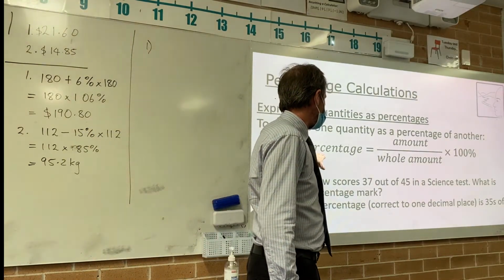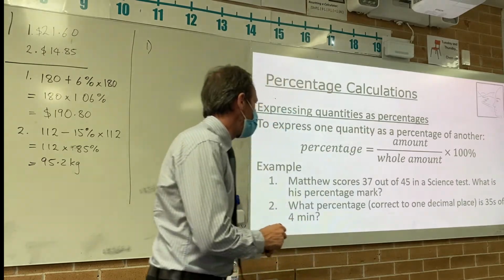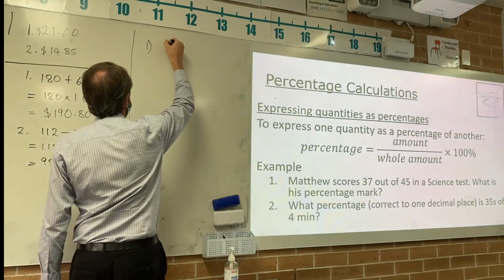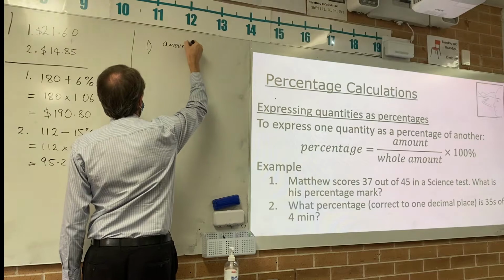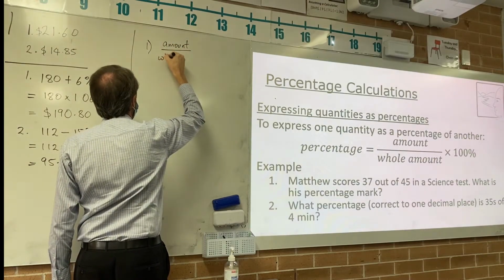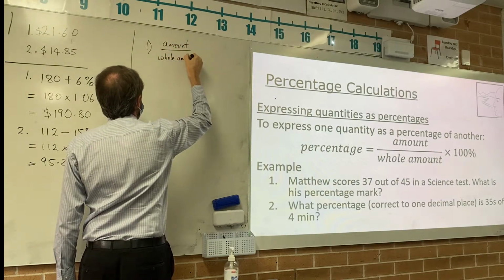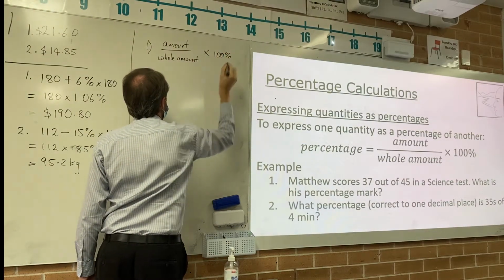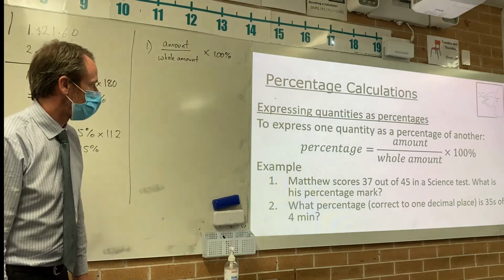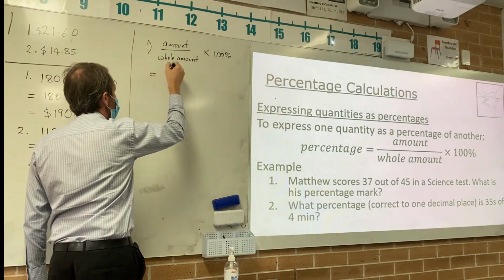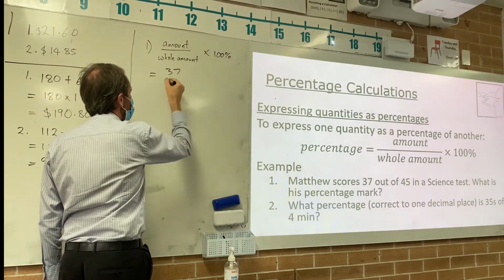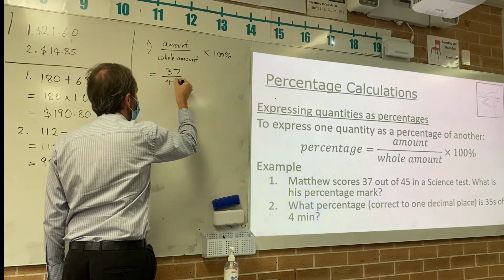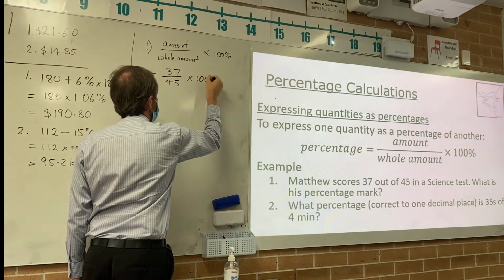So, percentage is equal to the amount, I'll write that here just so that you can see what I'm doing, over the whole amount, times 100%. So, Matthew scored 37 out of the whole amount, which is 45, times 100%.